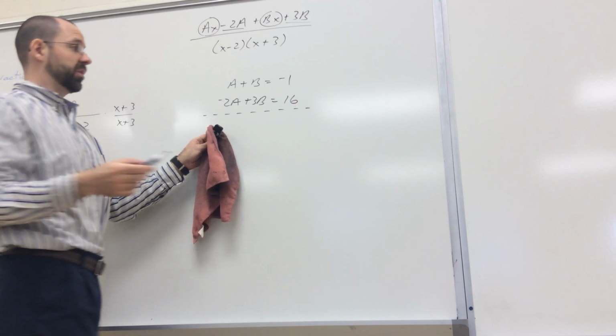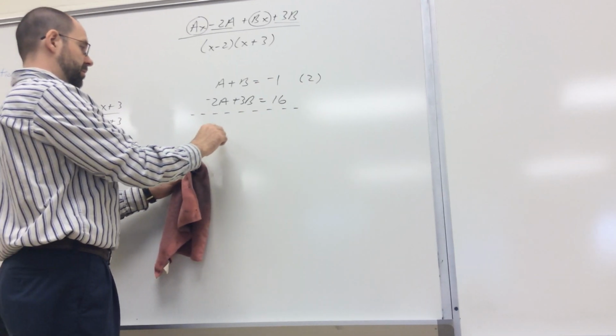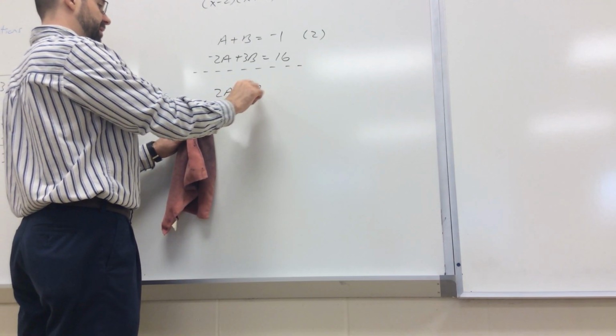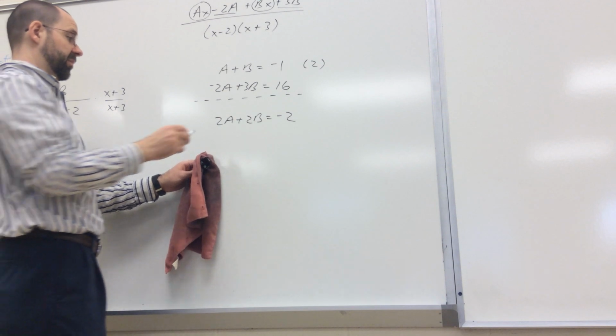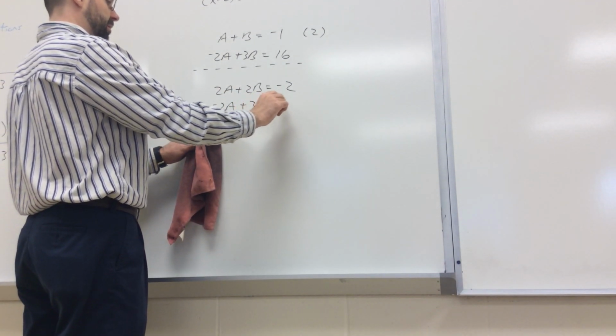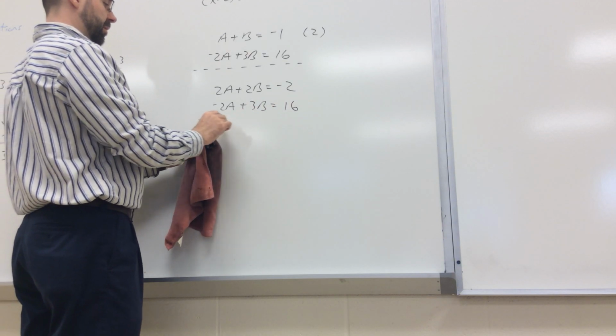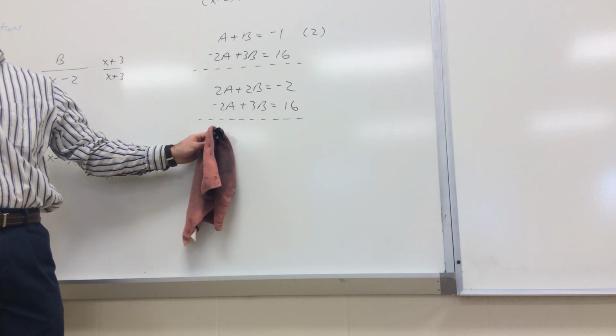So to solve that, I'm going to multiply the top equation by 2. So 2a plus 2b equals negative 2. I'm just going to leave the bottom equation alone. So why did I multiply the top equation by 2?